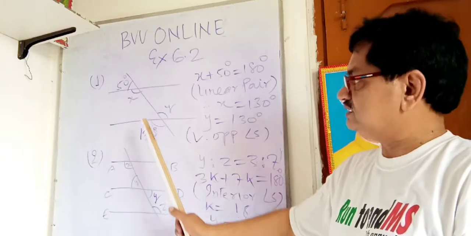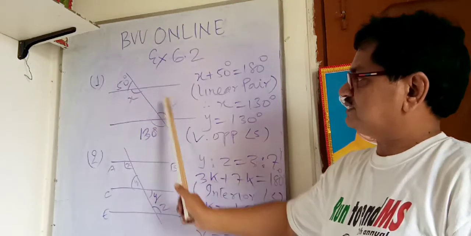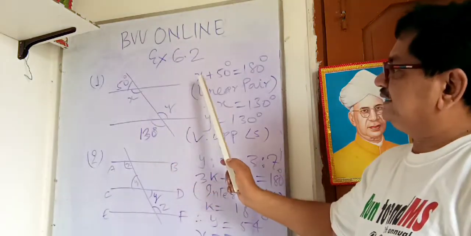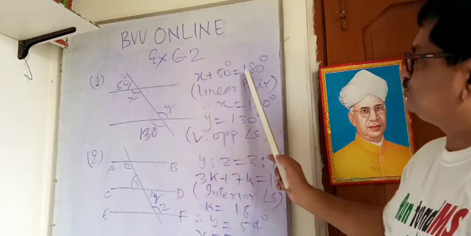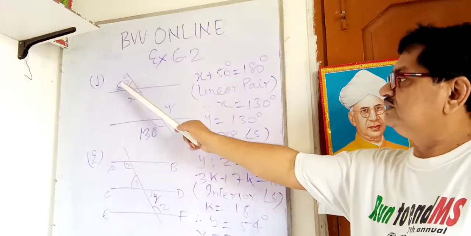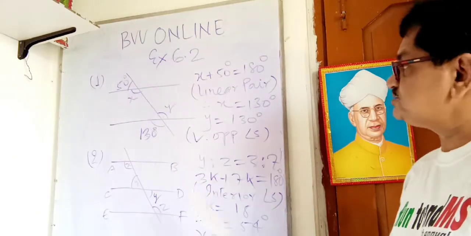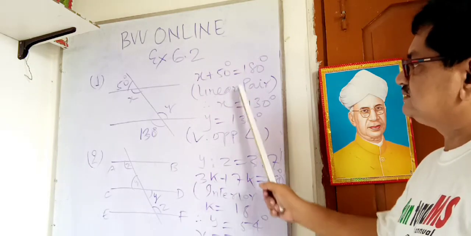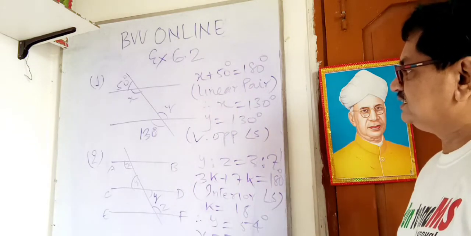So let's see how x and y become equal to one another. See, x plus 50 equal to 180 degree, and these are linear pairs. That is why we have written here x plus 50 equal to 180, and it gives the value of x 130 degree.